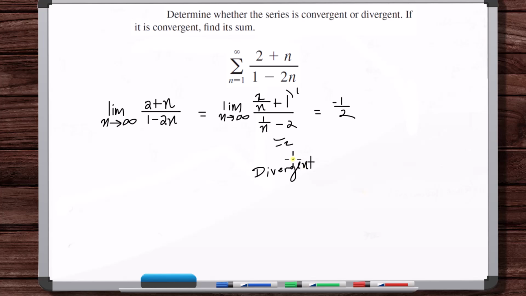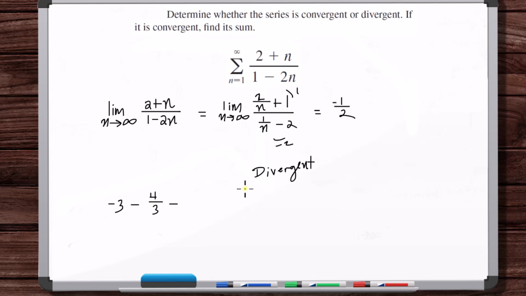But now let's see if we can be more specific about this divergence. So what we can do is write out the first 5 terms of the series here. All right, when n is equal to 1, you've got 3 over -1, so -3. And then when n is equal to 2, you've got 4 over -3, so -4/3.